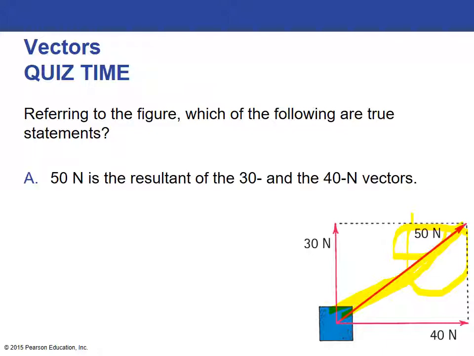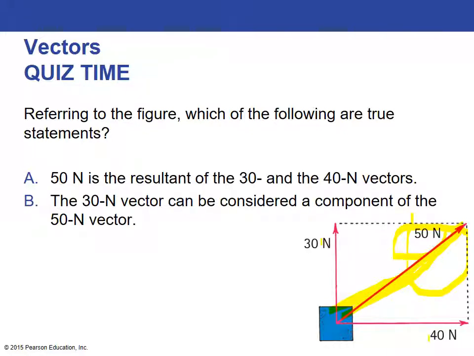So what's true here? Can we in fact say that the 50 newton vector is the resultant of the 30 newton vector and the 40 newton vector? Can we say that? What do you think? Or, here's another one. Can we say that the 30 newton vector is a component of the 50 newton vector?